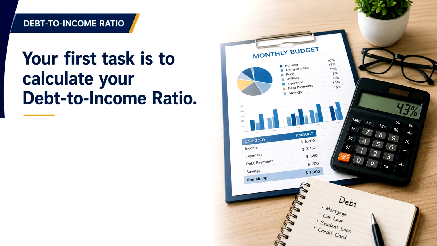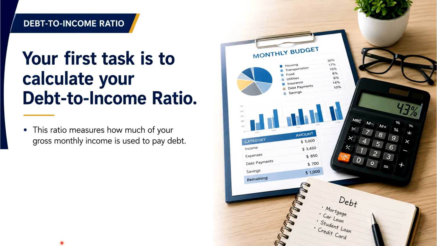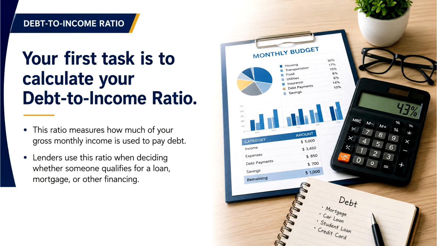Your first task is to calculate your debt to income ratio, often called a DTI ratio. This ratio measures how much of your gross monthly income is used to pay debt each month.